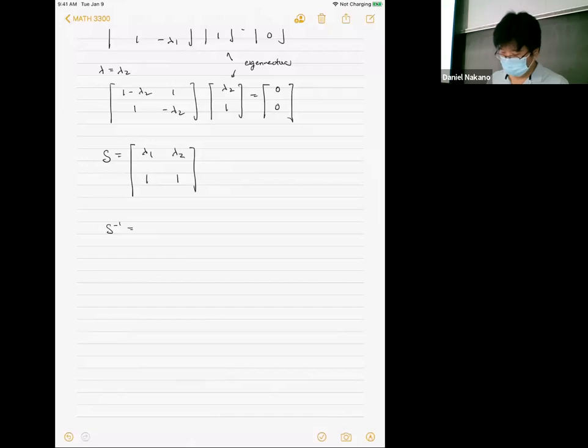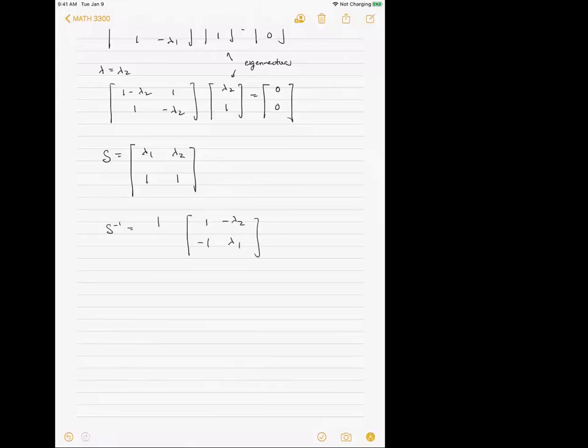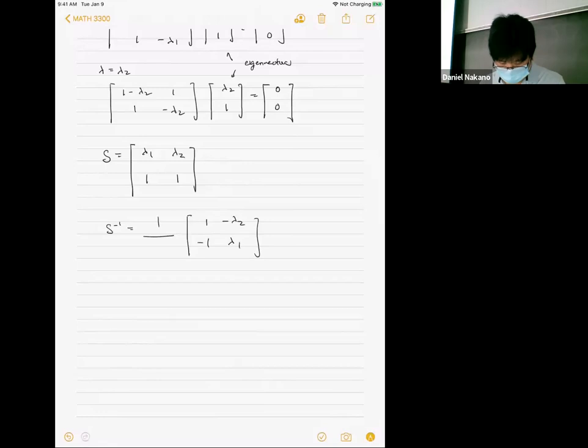Flip the signs of B and C and swap A and D. Good. So first of all, we switch A and D, and then we negate these entries. Do we have to do anything else? Divide by the determinant. Right. And the determinant here is lambda 1 minus lambda 2. So for a 2 by 2 matrix, it's fairly easy to compute the inverse.